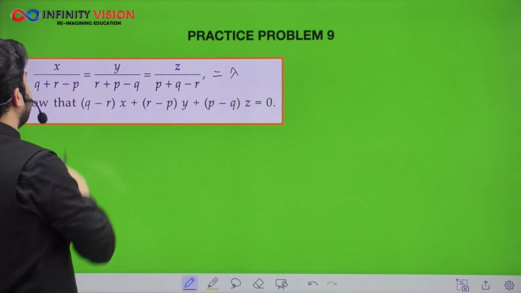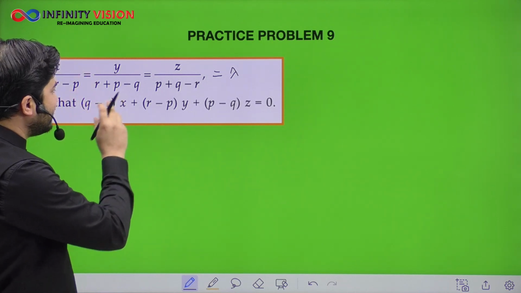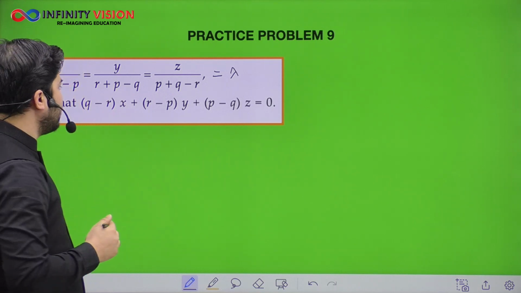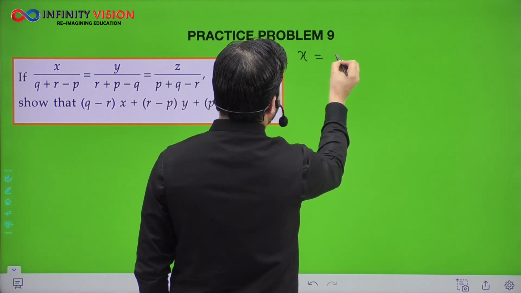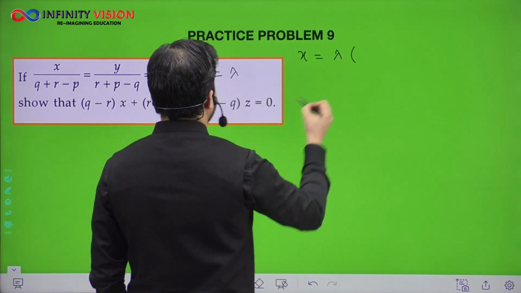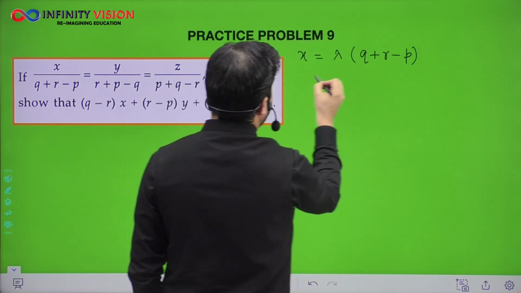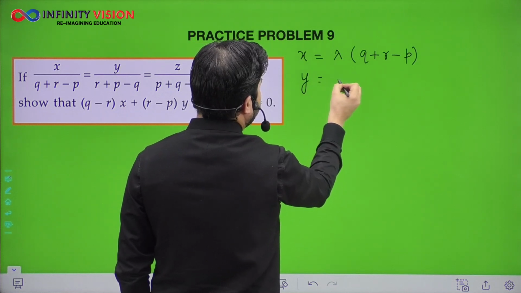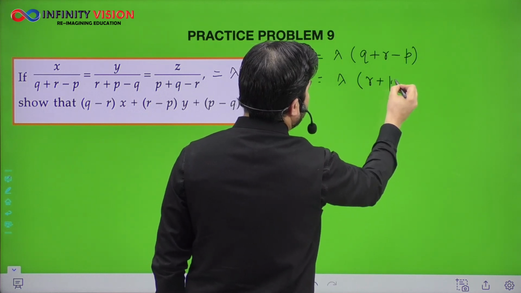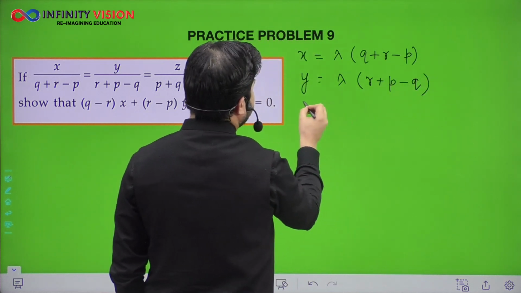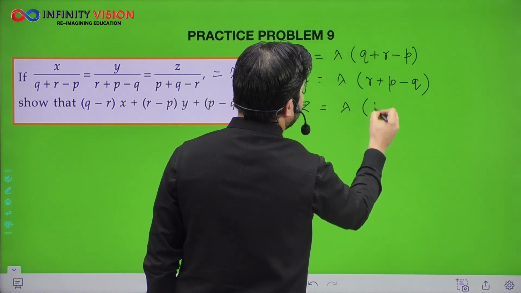Now, when you equate x upon q plus r minus p equals y upon r plus p minus q equals z upon p plus q minus r equals lambda, then you get a freedom that I can write x in terms of lambda, and x is nothing but lambda into q plus r minus p, and what would be y? y would be nothing but lambda into r plus p minus q, and your z would be nothing but lambda into p plus q minus r.